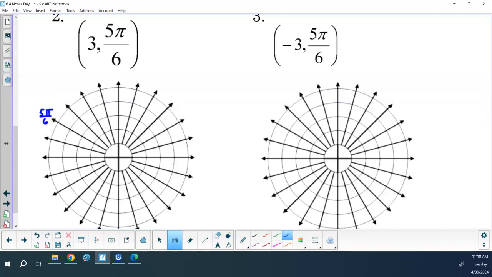Agreed? And then I would go out how many rings? 3 rings. Yep. 1, 2, and 3. So there is the point 3 comma 5 pi over 6.